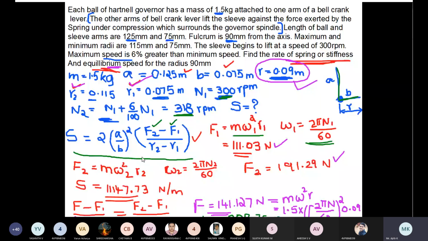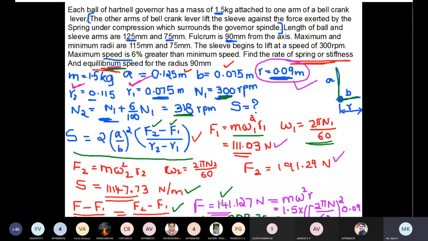Now the second question is to find out the equilibrium speed, and that you can find out using the relationship F minus F1 divided by R minus R1 is equal to F2 minus F1 divided by R2 minus R1. In this equation, all the values are known except F. You will get the F value 114. And you know F is given by m omega square r.